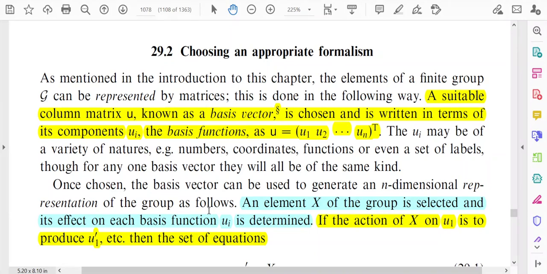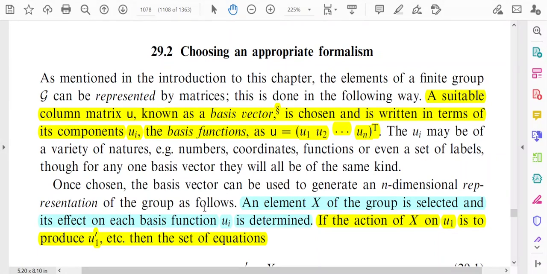Our first task is to choose some basis vector. So, what are basis vectors? The definition is like this: a particular basis vector U can be represented by its components or basis functions. We will use this basis vector to obtain, in general, an n-dimensional representation of the group.